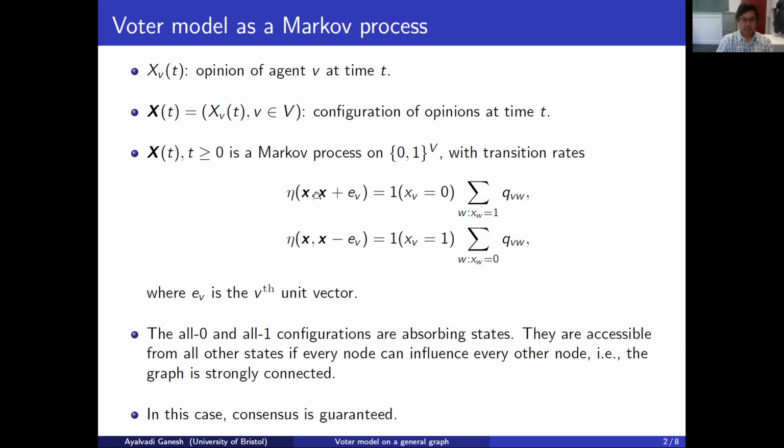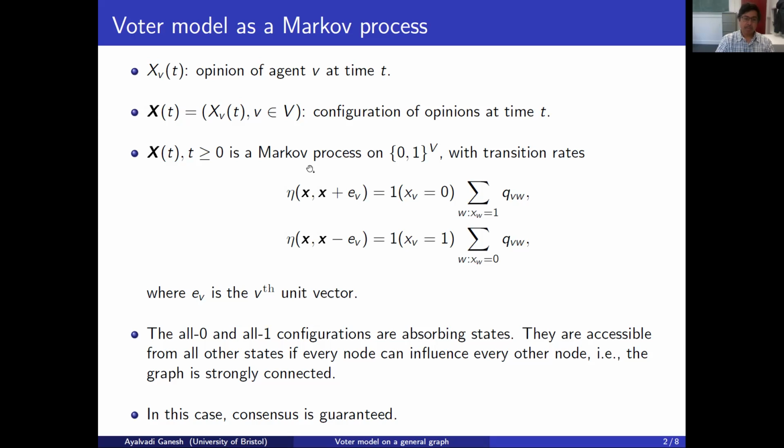Okay, so these are the only possible transitions of this Markov process. In a very small time interval, only one coordinate can change at a time because two things don't happen in a Poisson process simultaneously. Okay, so these are the rates.